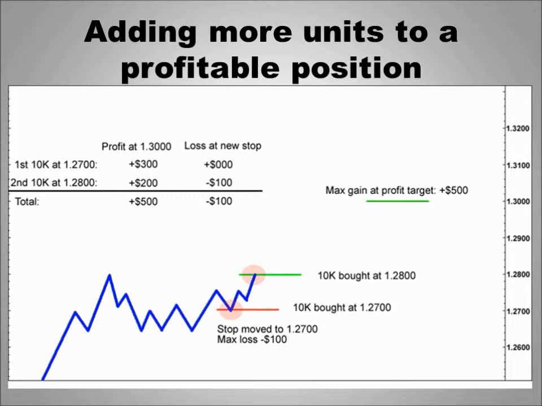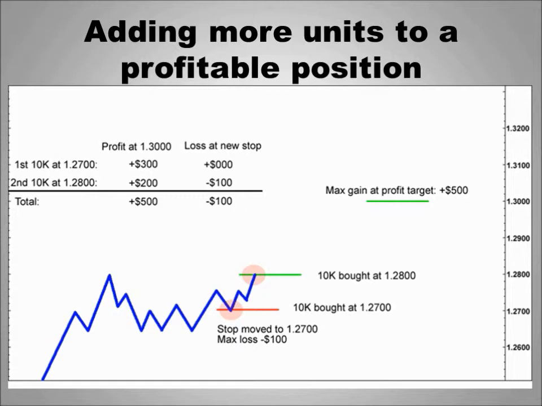And by doing this, we also put our target at the same level, 1.3. So if we enter the market at 1.28 with 100,000 more units, set our target in the same place as we did with the first 100,000 units, then we have a $200 profit, which in total gives us a $500 profit.